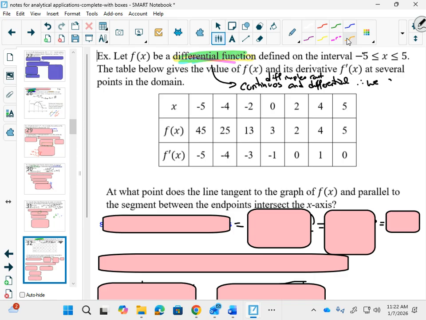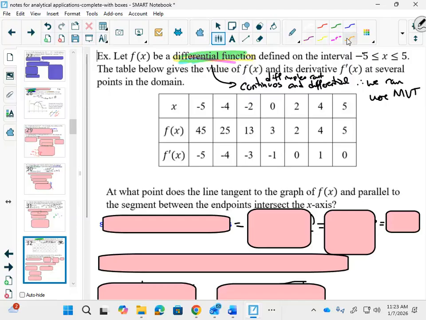Therefore, we can use the MVT. Technically, we could use the IVT and the EVT as well. Because what do we need for those ones? Just continuous. We can use any one of them, but we need to state that first. Okay.